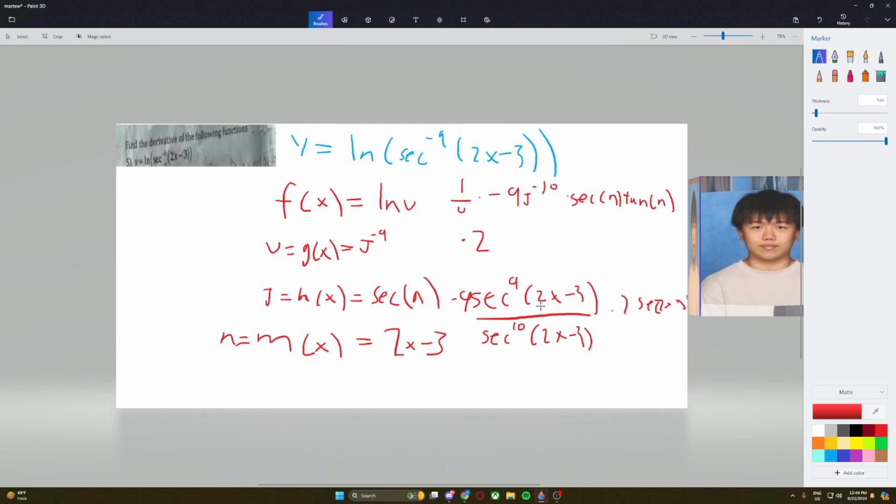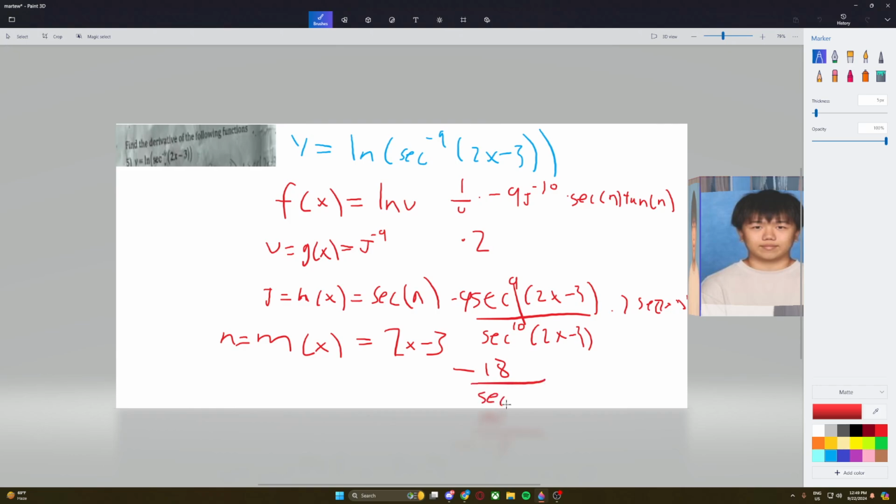And then we can cancel these. So then it'd just be negative 9 over secant 2x minus 3 times 2. I'll just change that to a negative 18 because it's 2 times negative 9.